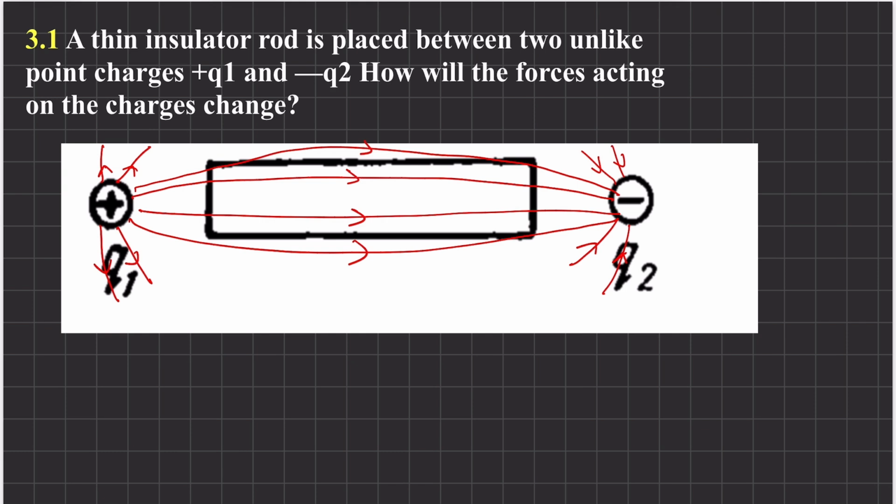So the cloud shift of the electrons takes place when the electric field comes into the picture. So there would be some slight shift. Let's say this is a single molecule. Consider this whole rod as a single molecule guys.